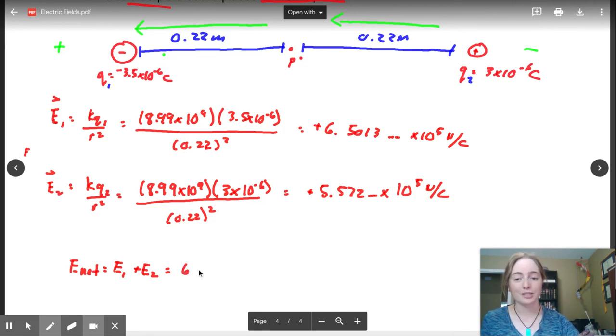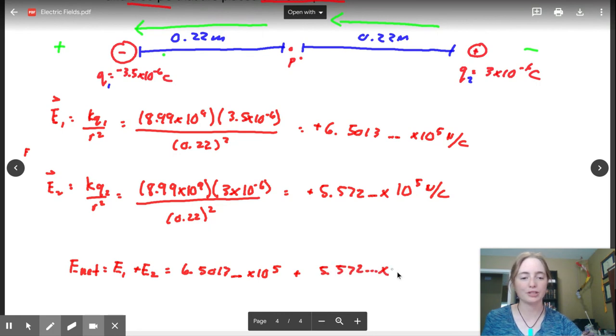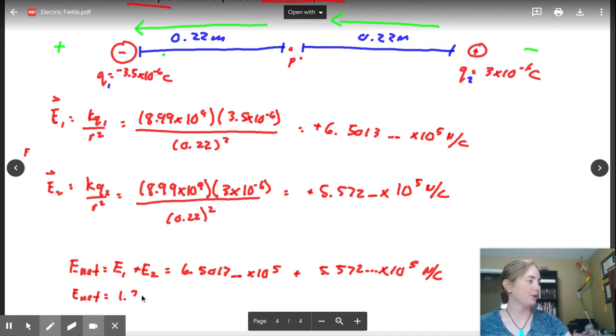So 6.5013 times 10 to the power of 5 plus 5.572 times 10 to the power of 5 newtons per coulomb. Add them together, and you get 1.20733 times 10 to the power of 6 newtons per coulomb.